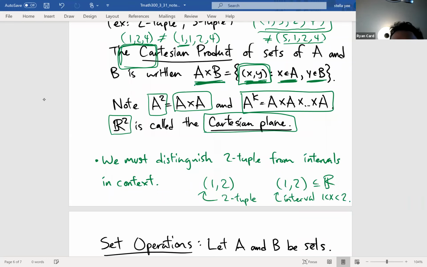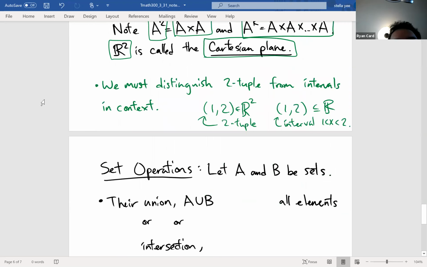So this is an element of R squared. This is an interval of the one-dimensional real line R. So the notation is exactly the same. We just have to be able to distinguish it from context. So that's too bad.